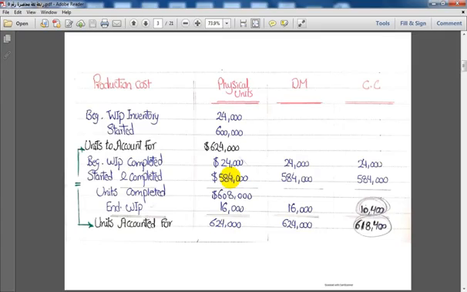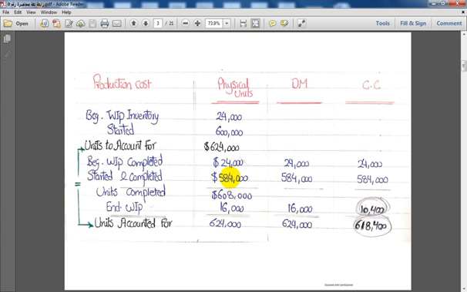We can say, instead of these two elements, units completed 608,000, under direct material the same number 608,000, and under conversion cost the same number 608,000, because we multiply units completed or finished goods times 100% for direct material and for conversion cost.